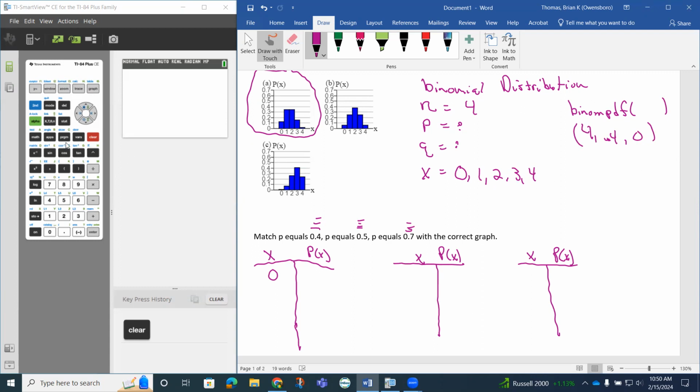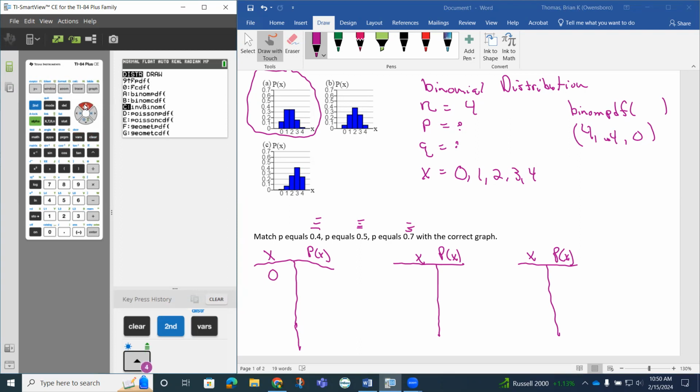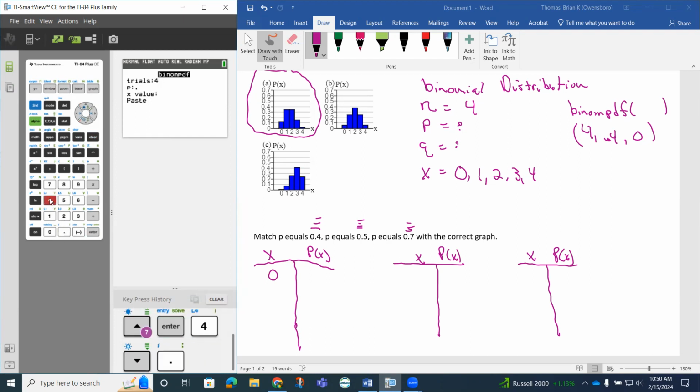Using our calculator, above VARS is the distribution menu. Hit 2nd and VARS. It'll take me to my distribution formulas. A is the one we're looking for: binomPDF is the one we want, and it'll determine our probability for us. We have 4 trials, our probability of success is 0.4, so a 40% chance of success.